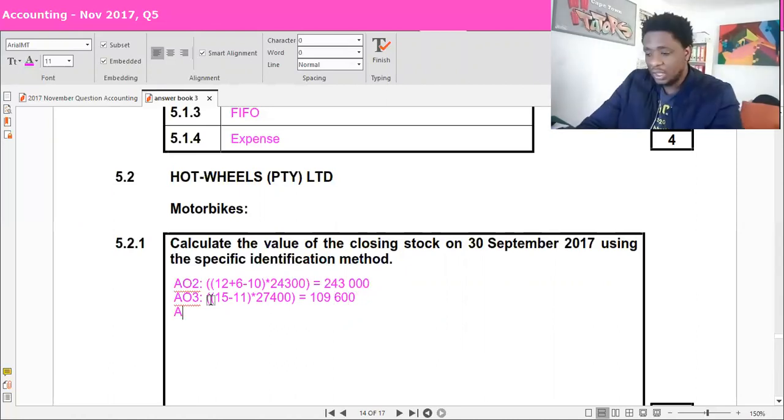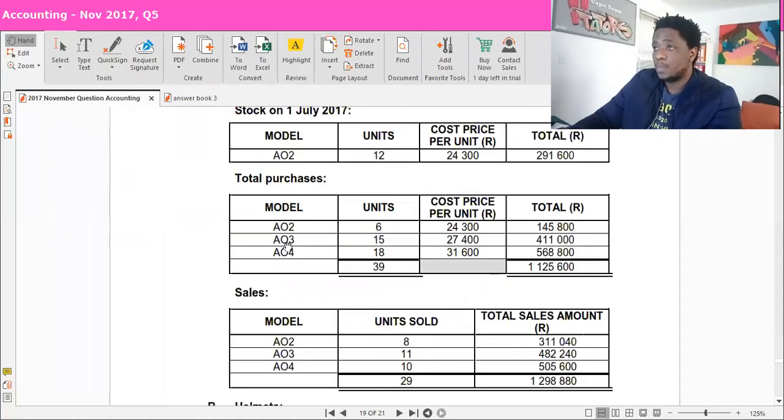And then we also have the AO4. Let's see what you got for AO4. The AO4 doesn't have stock at the beginning, and then we bought 18, and then we managed to sell 10. And the cost price that we incurred is 31,600.